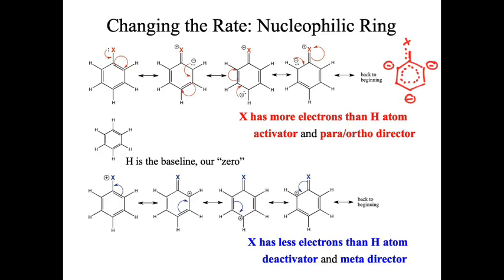So not only did atom X activate the ring to react, but it made those positions more active. Well, based off our discussion on Wednesday, what are those positions called? Para and ortho.